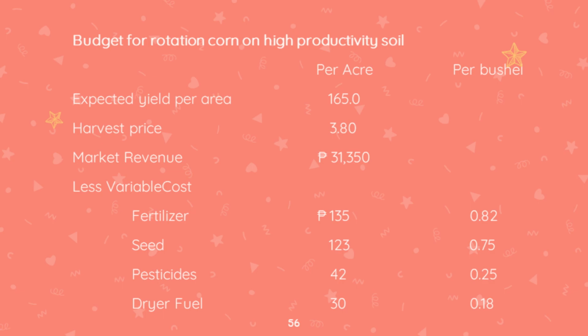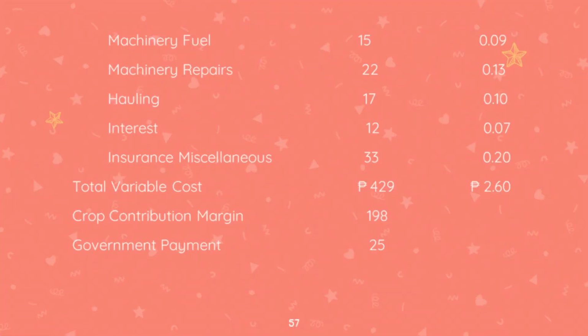Pesticides 42 per acre, per bushel 0.25. Dryer fuel per acre 30 and per bushel 0.18. Machinery fuel 15, per bushel 0.09. Machinery repairs 22, per bushel 0.13.